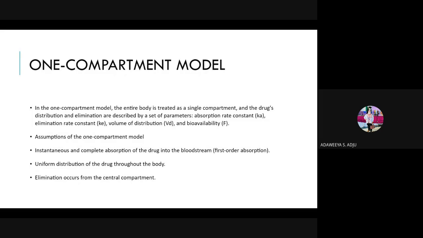Also, we need to assume instantaneous and complete absorption of the drug into the bloodstream, or first order absorption. Also, we have uniform distribution of the drug throughout the body, and lastly, elimination occurs from the central compartment.